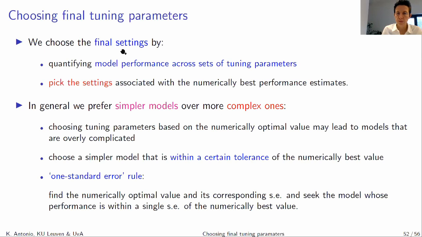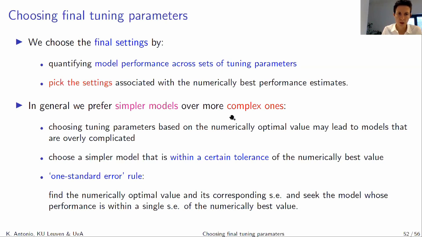We want to pick the final settings of our model, a tuning parameter, by quantifying the model performance across a grid of possible tuning parameters, and pick the settings associated with the numerically best performing estimate. So what we did so far is look at the minimum of our cross-validated test error, right?